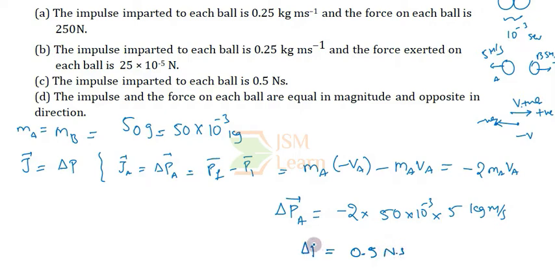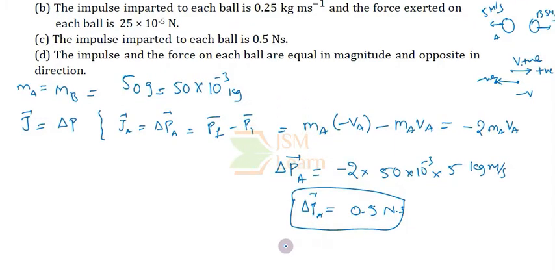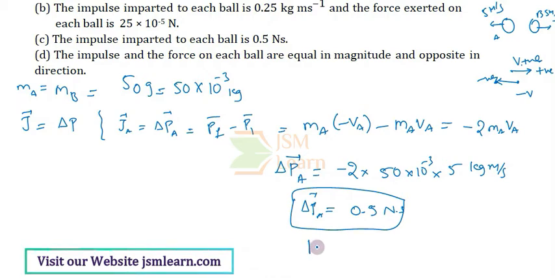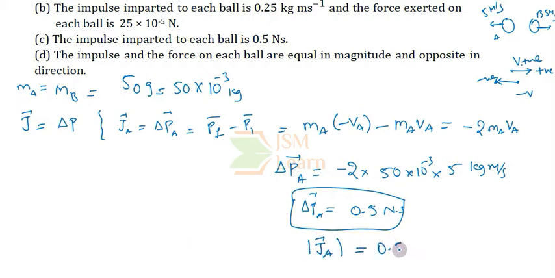This is the vector form, the change in momentum of ball A, that is nothing but impulse. They are asking to find the magnitude. Here the impulse imparted on ball A is minus 0.5, so the magnitude is 0.5. So we got the impulse of ball A.